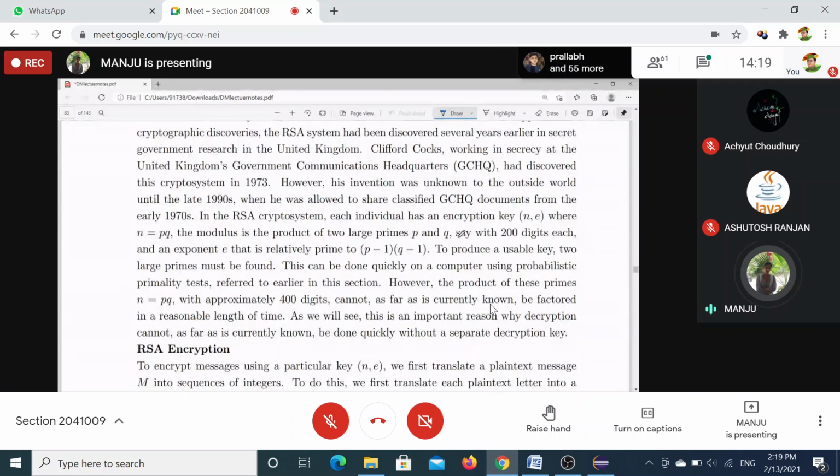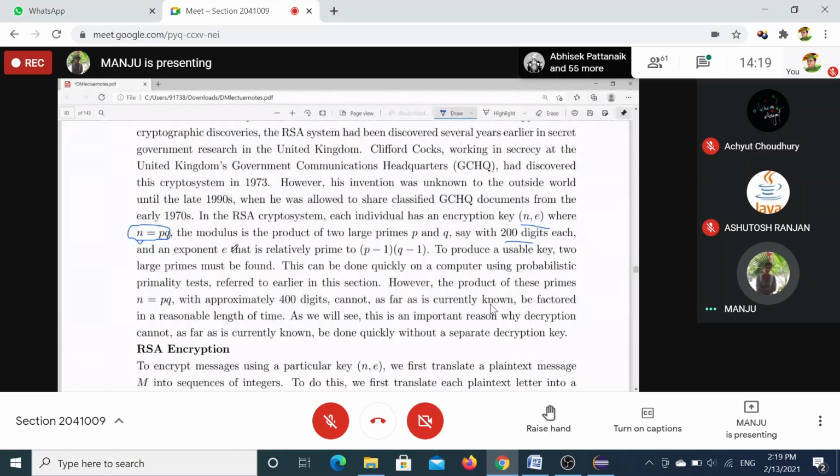We have encryption and decryption. Here the key is given: N and E, right? N is the modulus, and E is the exponent, and we're taking power, right? So how is N given? N is equal to P into Q, where P and Q are large primes. For example, 200 digits, 300 digits, and so on.